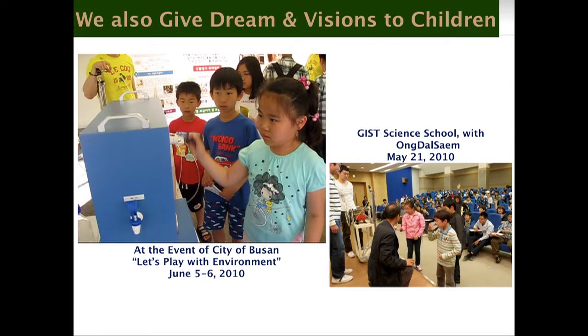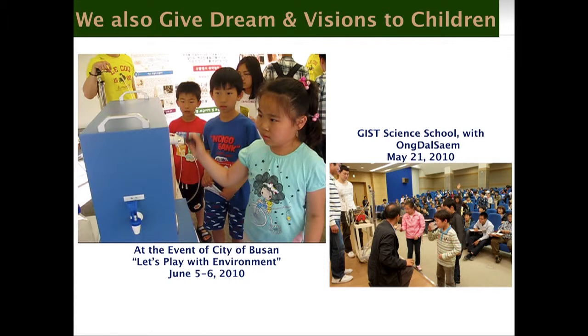With this project, we presented to two elementary school students. They were actually very interested in these types of projects. So I made safe drinking water from wastewater, using the Ongdarsem.